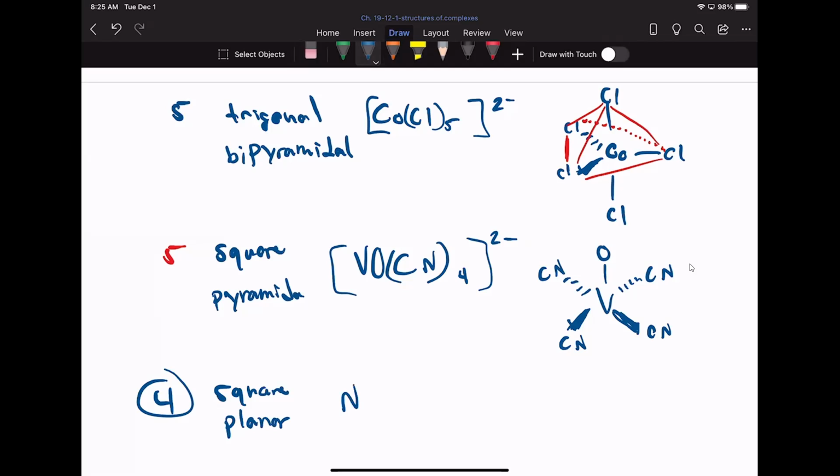And we'll use where again we'd have nickel in the middle, and then we'd have two going back. And again, planar would be something that's very flat.